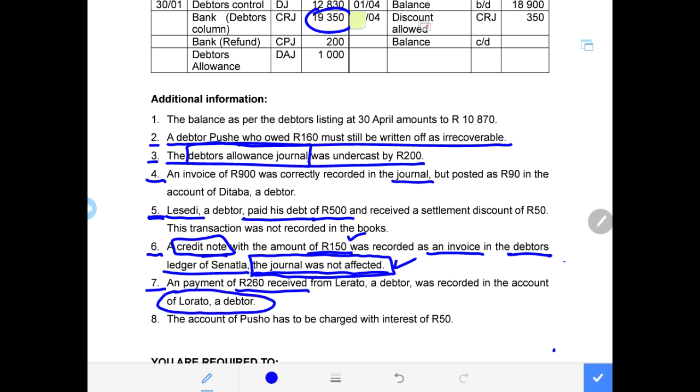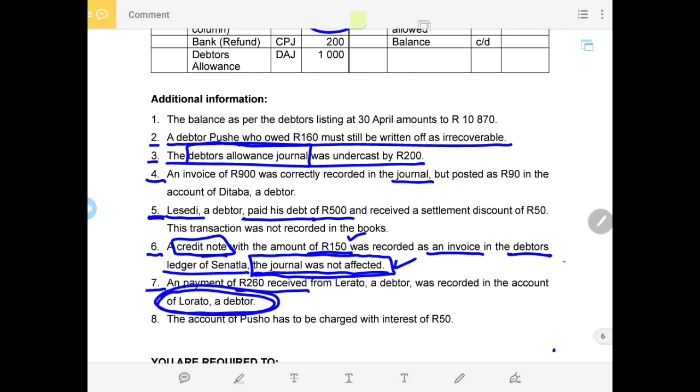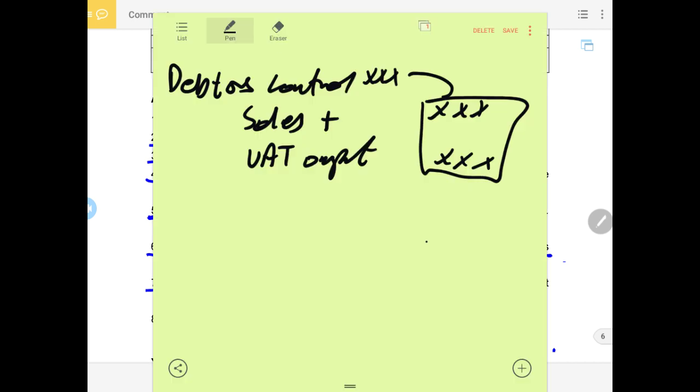So now we are removing it from the credit side, we are recording it on the debit side. In other words, we are cancelling what was done on the credit side of the account of the wrong customer, who is Lorato.